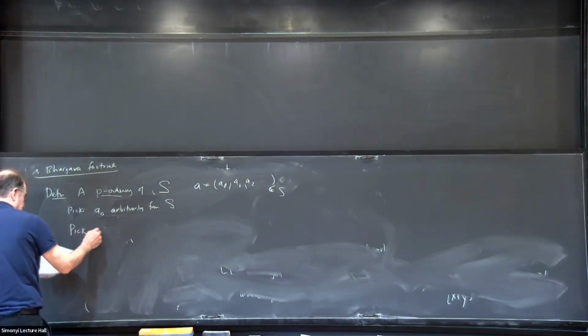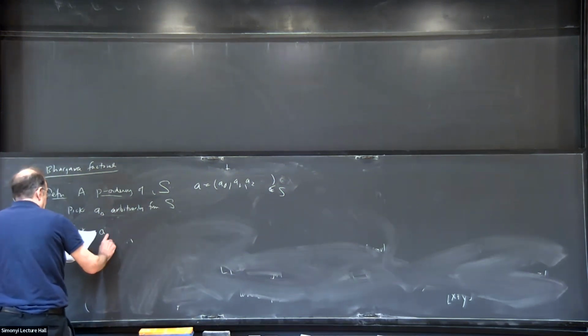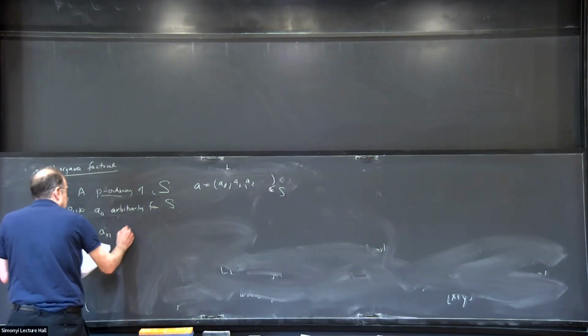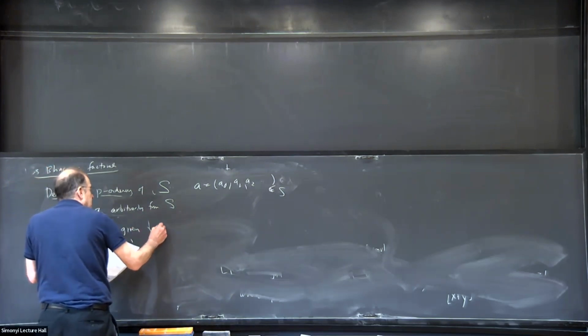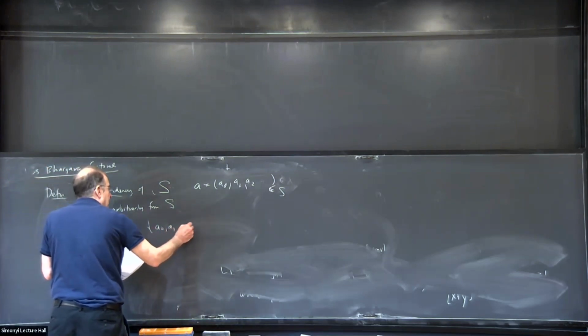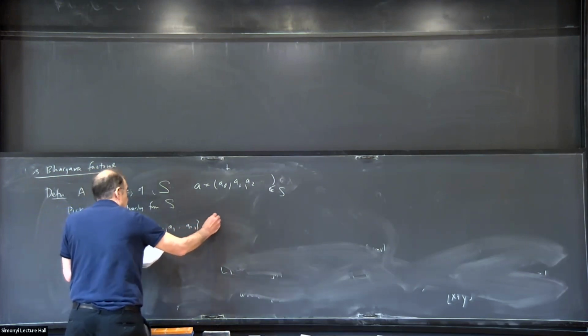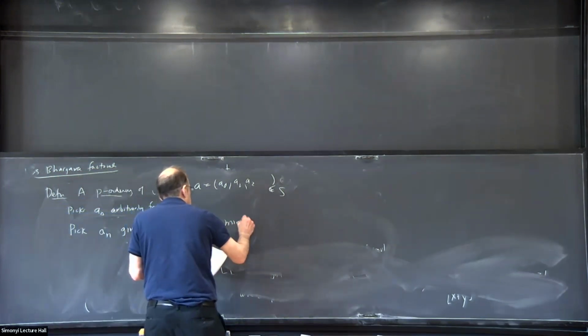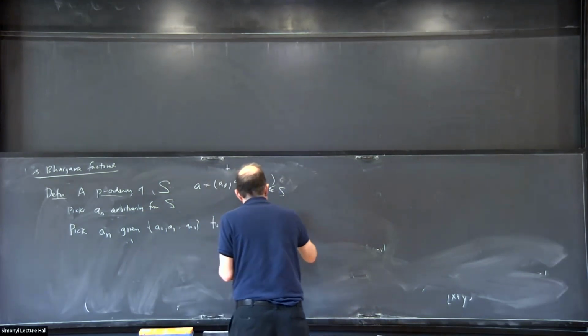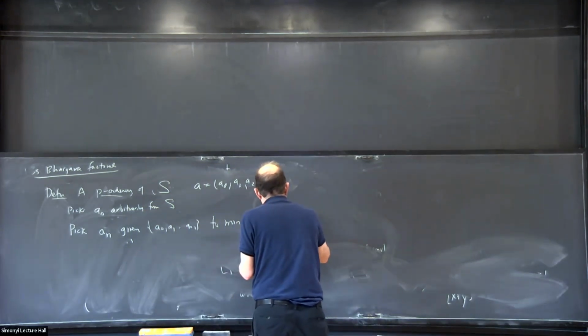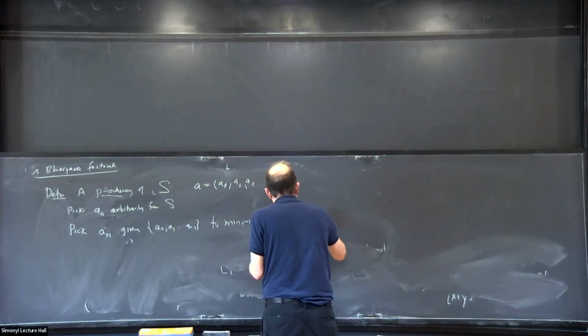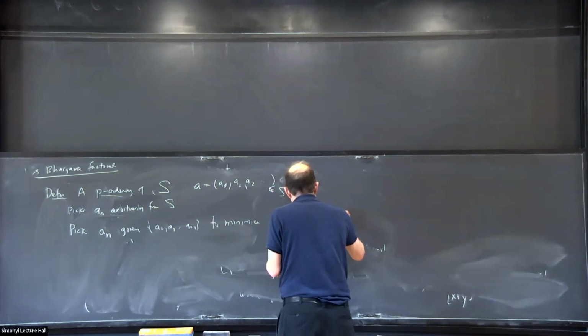And then we recursively pick AN, given that we've already picked A0, A1, up to AN minus 1, minimizing the number of times P divides the product of AN minus AI.